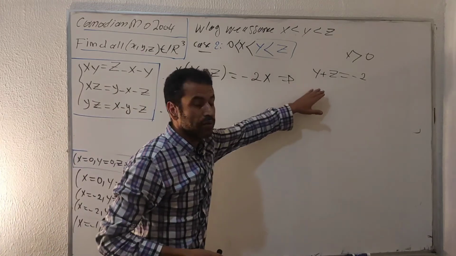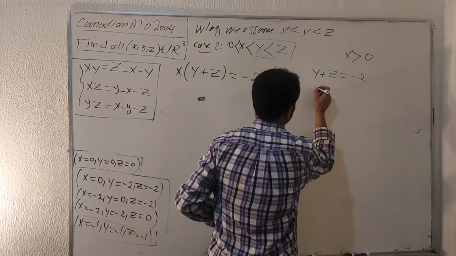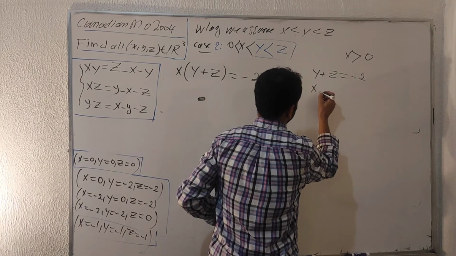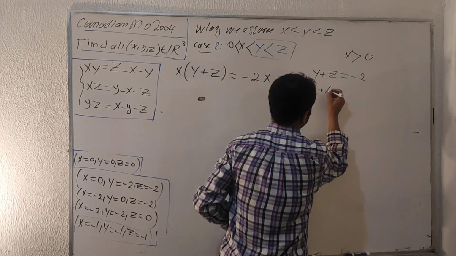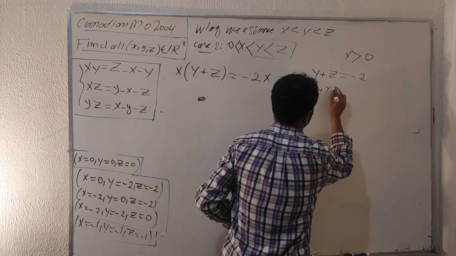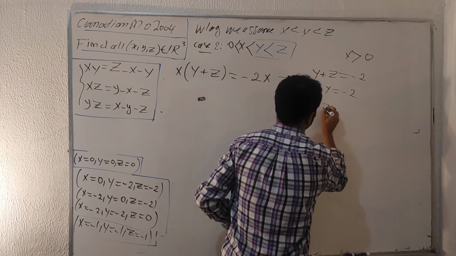Now this argument follows similarly for the other equations, so I will find another two equations. It will be written in the same form: x plus y equals minus 2, and x plus z equals minus 2.